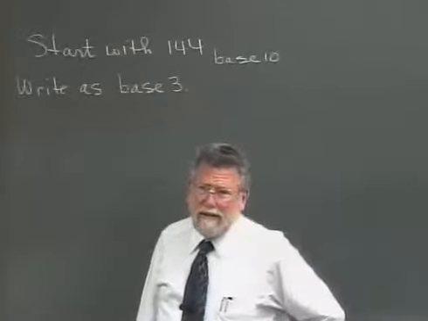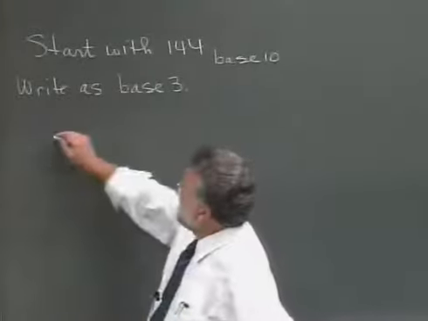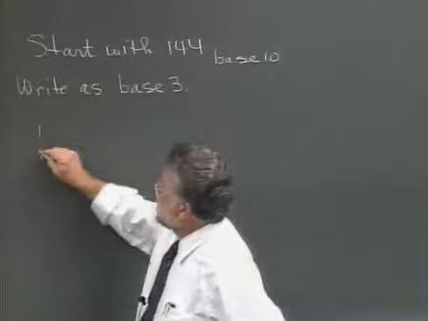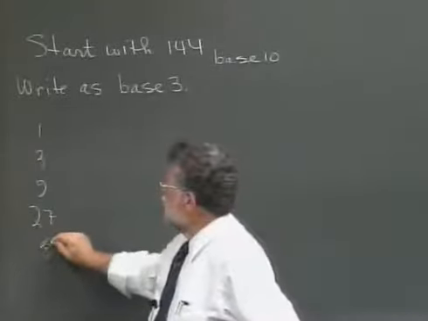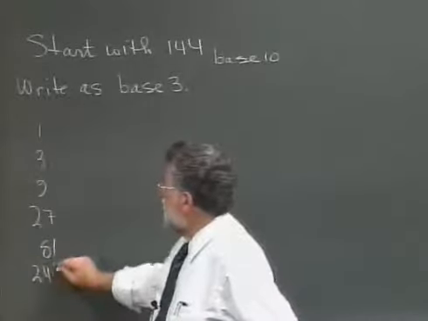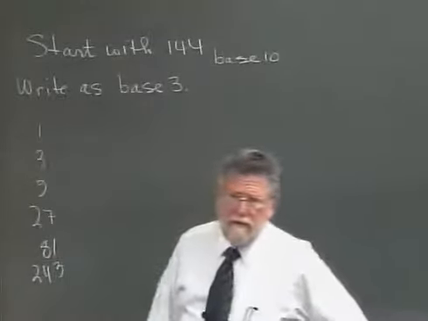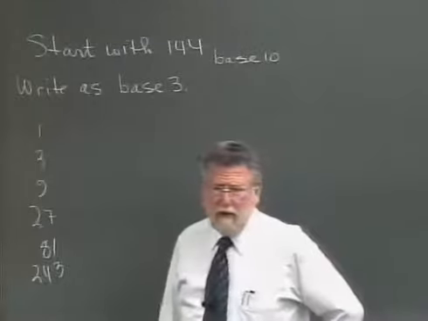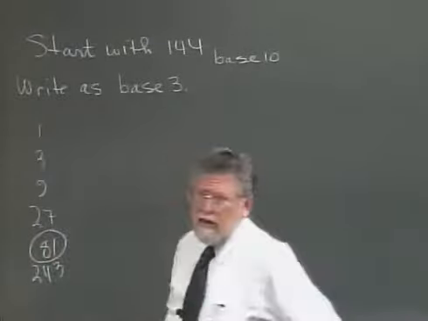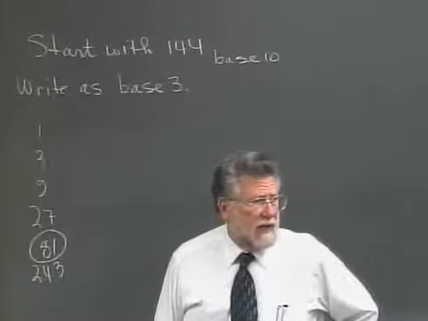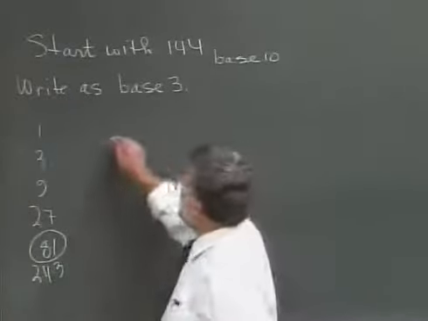And what in particular? If I think of the place values, they are the 1s, the 3s, the 9s, the 27s, the 81s, the 243. Do I have to keep going? Which one am I going to focus on? The 81 was the answer just given to me. That's the largest place value I could have for 144.